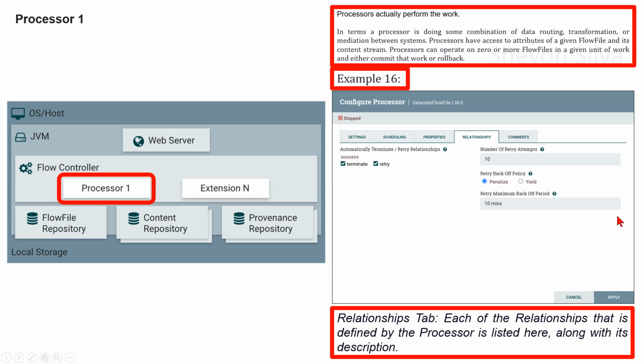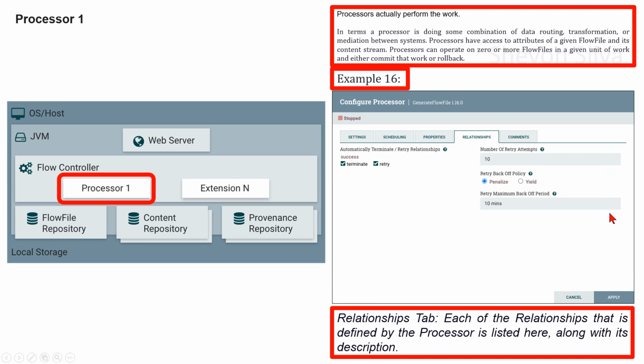Retry maximum back-off period. Initial retries are based on the penalty duration or yield duration time specified in the settings tab. The duration time is repeatedly doubled for every subsequent retry attempt.